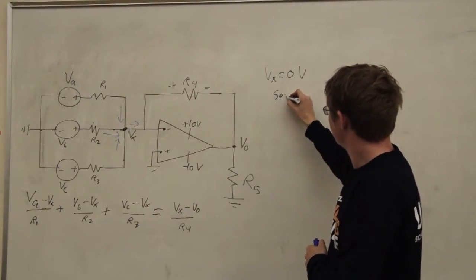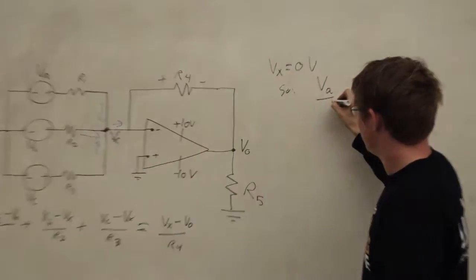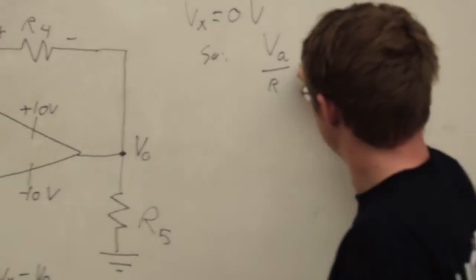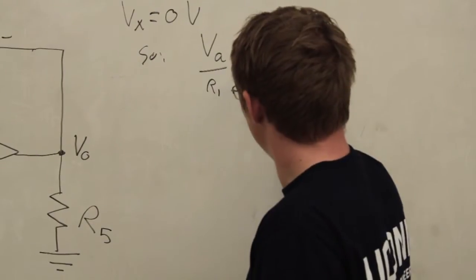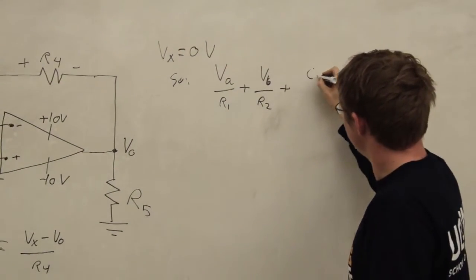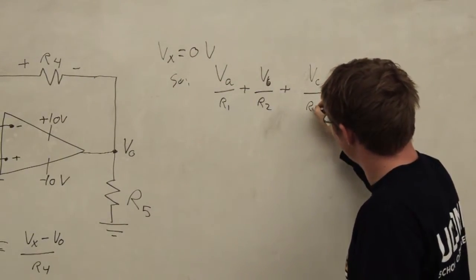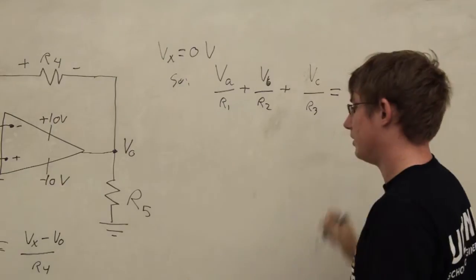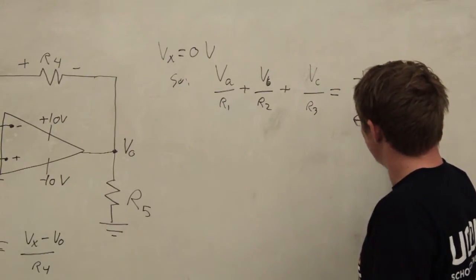So we get VA over R1 plus VB over R2 plus VC over R3 is equal to negative V0 over R4.